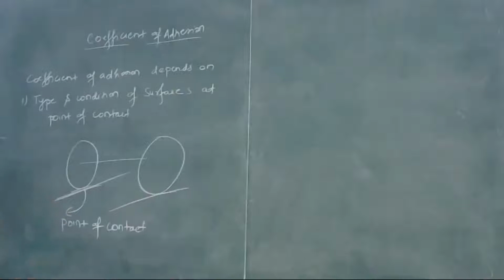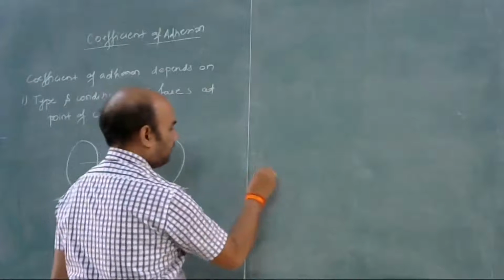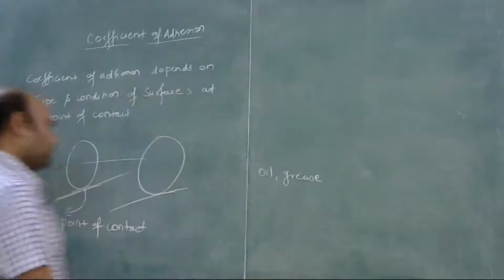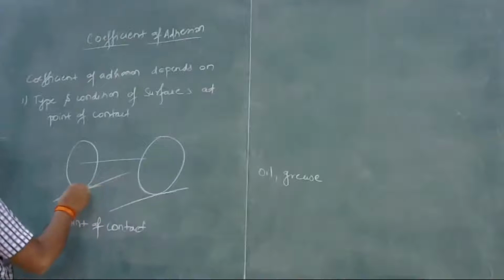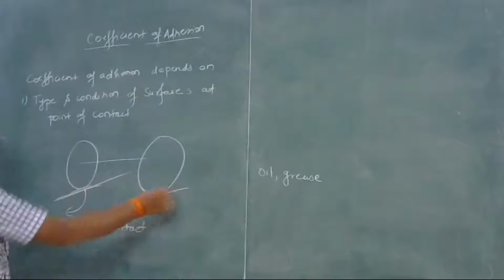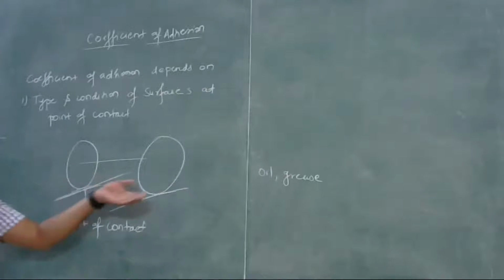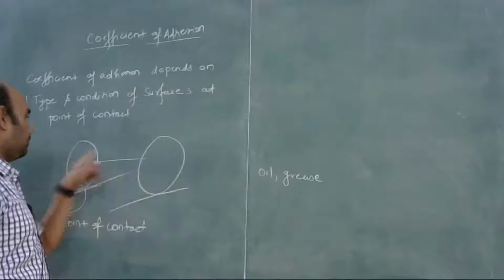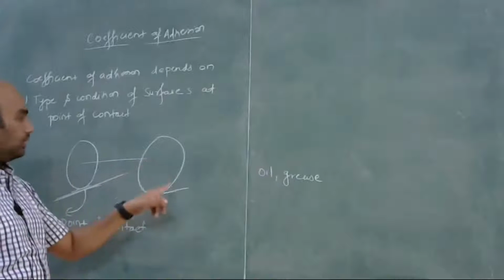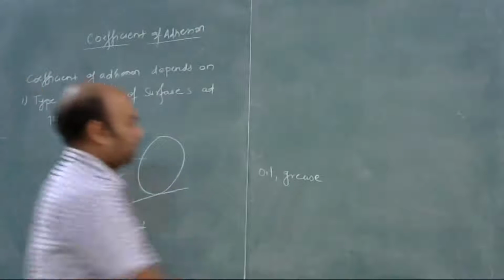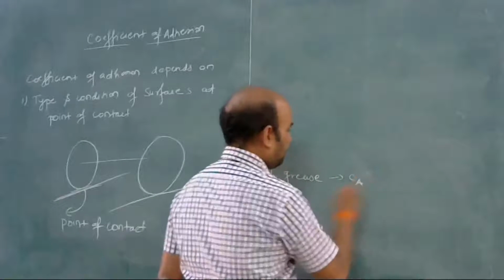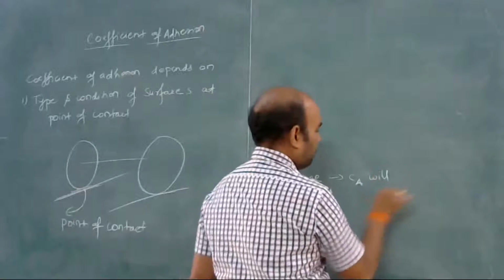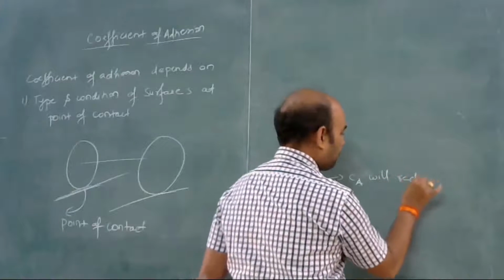If there is oil on the track or grease is present, this will increase the slipping of the wheels. And if there is slipping of the wheels, CA, that is the coefficient of adhesion, will decrease.